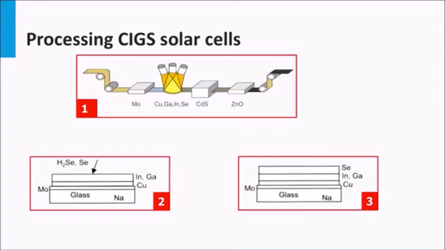Companies that use or have used the co-evaporation process are Würth Solar, Global Solar and Ascent Solar. Among CIGS companies using sputter approaches are Showa Shell, Solar Frontier, Avancis, MiaSolé and Honda Soltec.